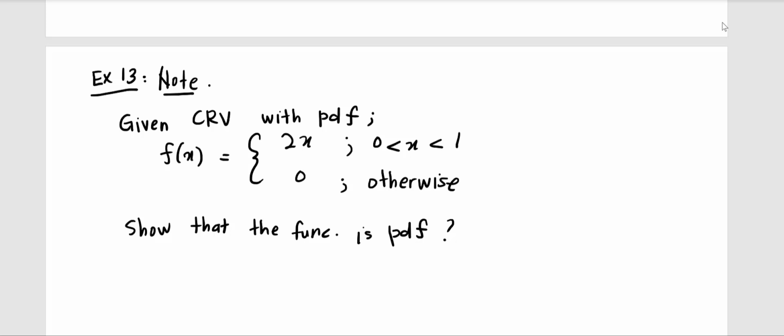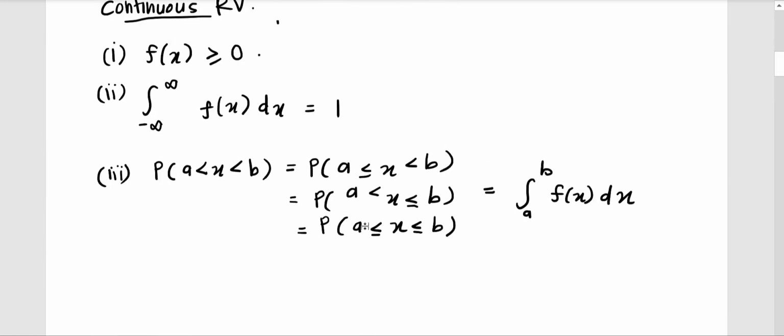Okay, now we look at example 13. This example 13 is from your notes. It is given a continuous random variable with the PDF. So this is the PDF, with x in the range 0 to 1. The question asks you to show that the function is a PDF by referring to the properties.